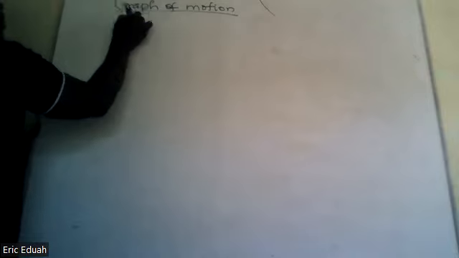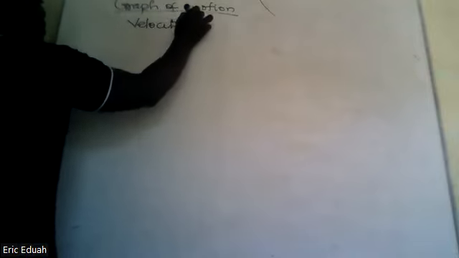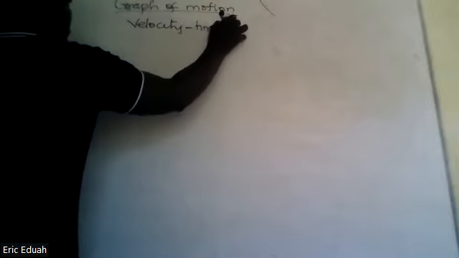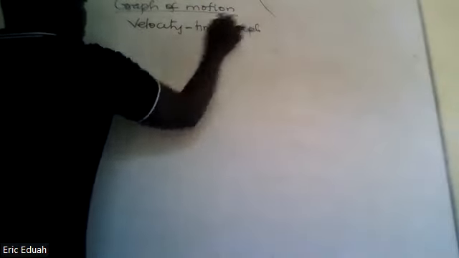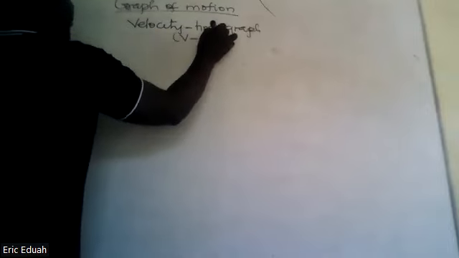Velocity-time graph, which we shorten as V-T graph.